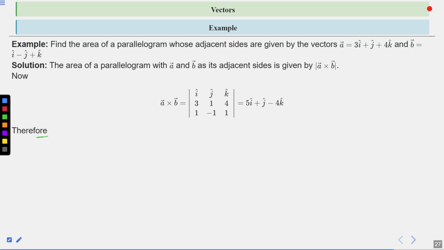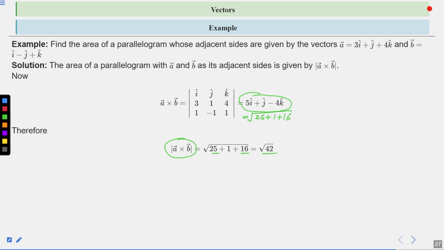Therefore the area, mod of a cross b, is equal to under root 25 plus 1 plus 16, equal to under root 42. It is clear or not? Under root 42, because this is the vector and the magnitude is the square of the coefficients, that is 25 plus 1 plus 16.